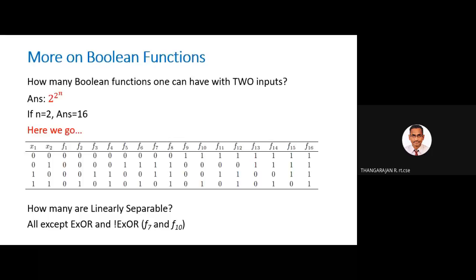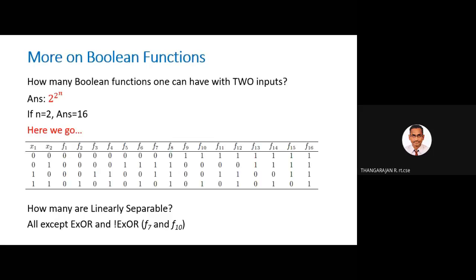What is this function? F1 is a contradiction: no matter what the input is, the output is always 0. On the far end, no matter what the input is, the output is always 1, a tautology. So on one side you have contradiction, on the other side tautology. F1 is contradiction, F16 is tautology.